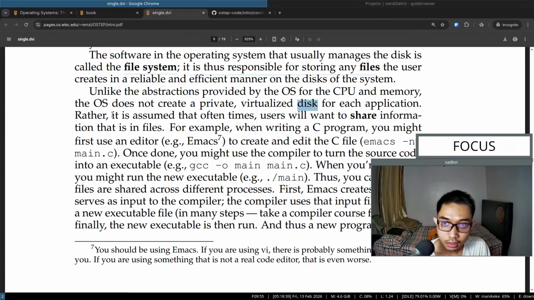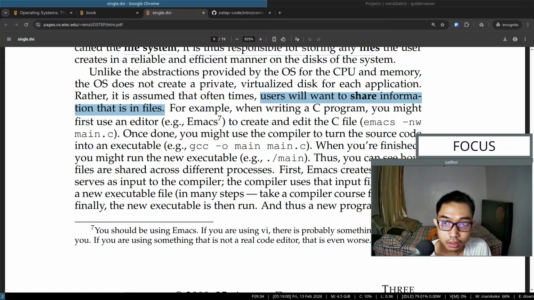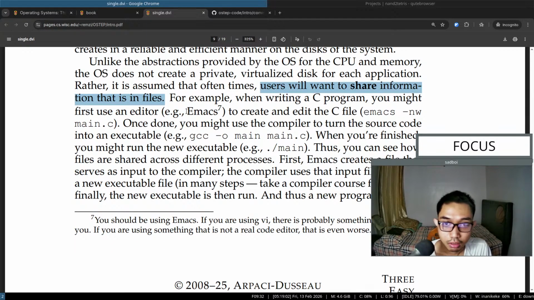Rather, it is assumed that oftentimes users will want to share information that is in files. For example, when writing a C program, you might first use an editor.